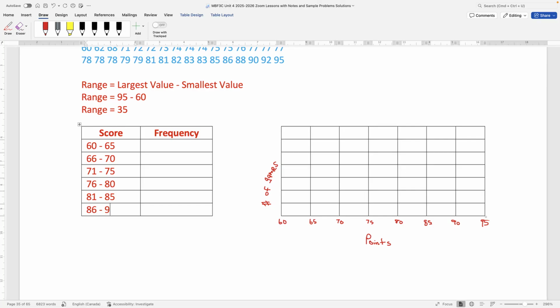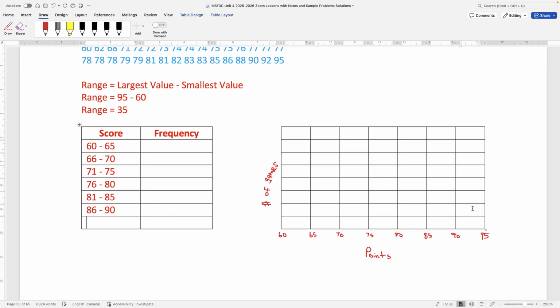And we're going to need one more. No, I think we're going to go 91 to 95.